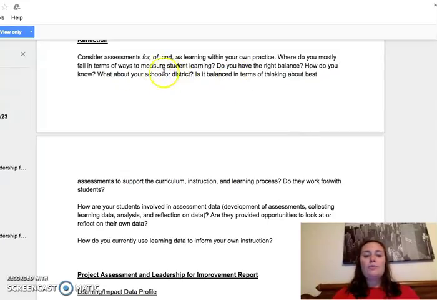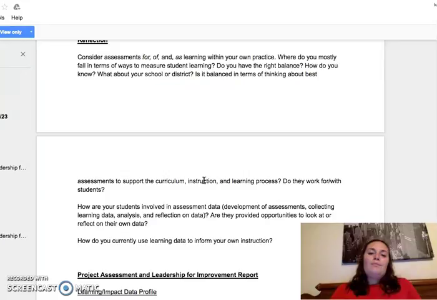And again, getting back to whether or not the school or district is balanced, I think that not only our district and our school, but as many districts as I know that administer standardized testing, I don't think they're balanced.